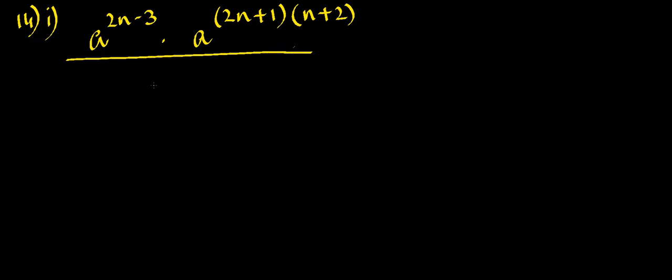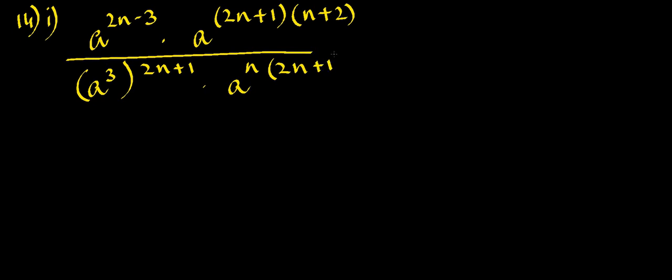A raised to 2n minus 3 into a raised to 2n plus 1 into n plus 2, the whole upon a raised to 3 into the whole raised to 2n plus 1 into a raised to n into 2n plus 1. Okay, I hope I've copied the question right.